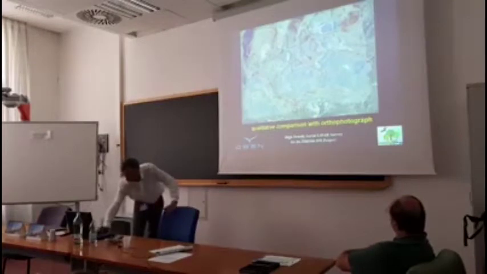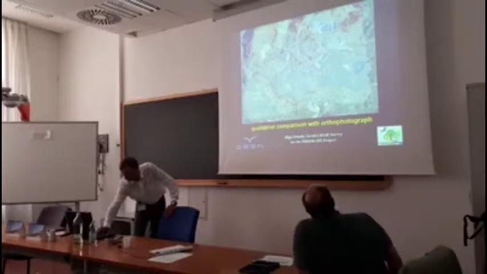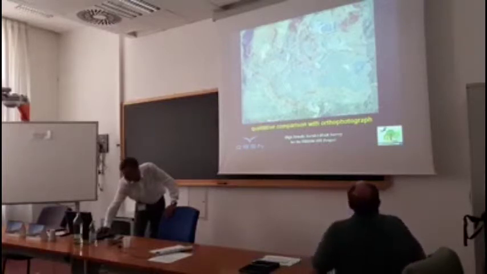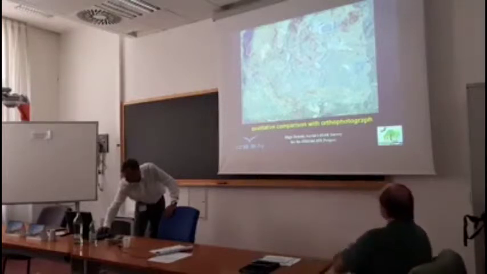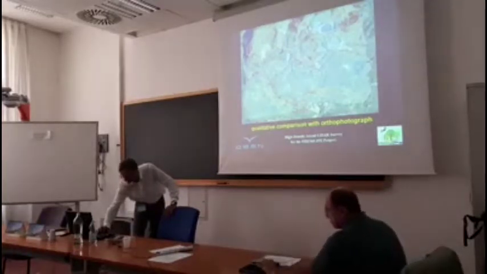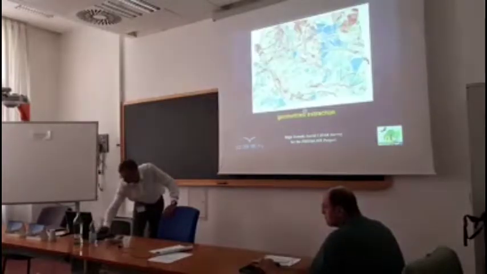Then we also performed a qualitative comparison with an orthophotograph, the one obtained by the University of Florence. In this case, we just checked some points where the roads are visible, and they look quite well superimposed.